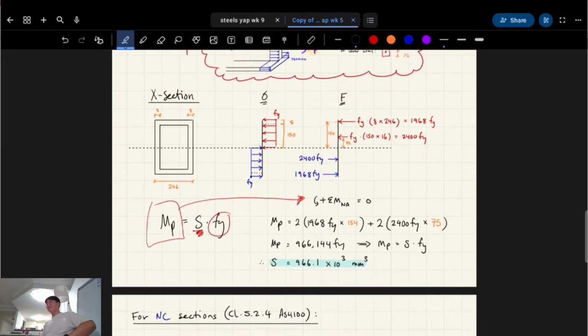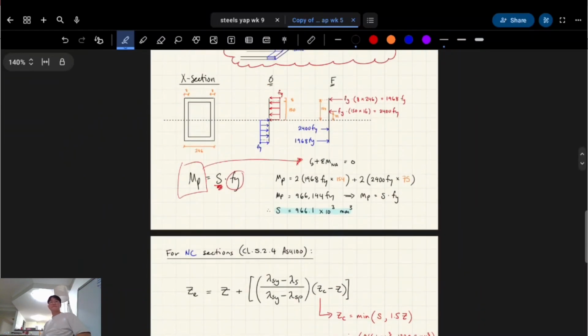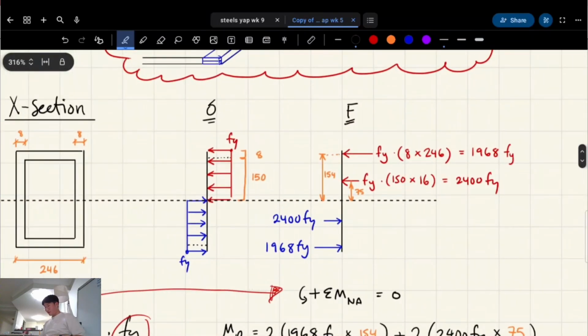Is there a term for this? Did we effectively find the moment of area? When you say moment of area, this is the first moment of area, and this is the second moment of area.